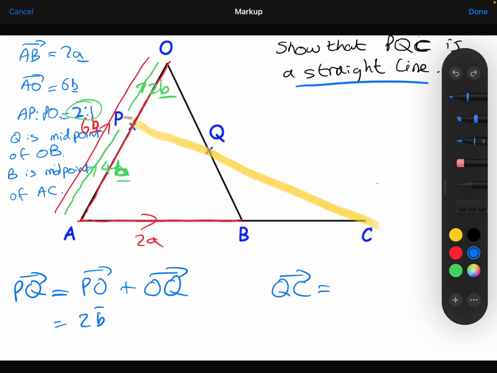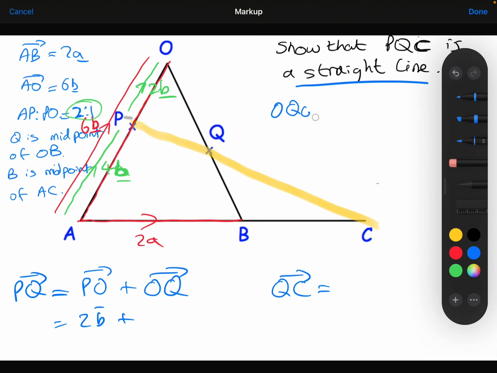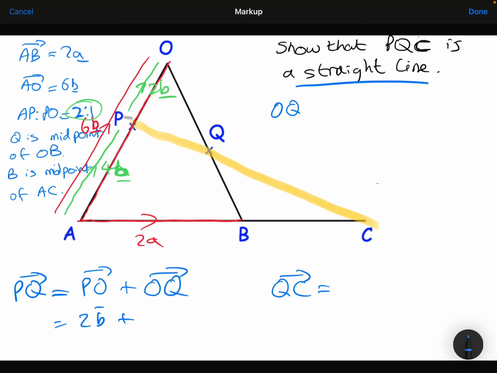O to Q, I'm not sure what that is yet, but I do know that it's half of OB, because I was told that Q is the midpoint. So if I can work out OB, then I can halve it, and that will tell me what OQ is.